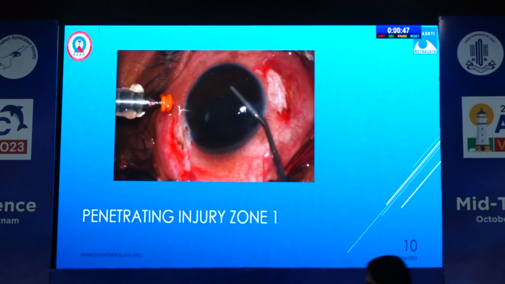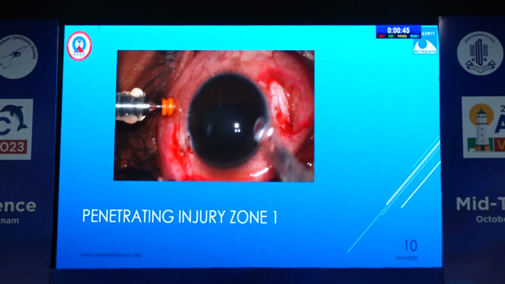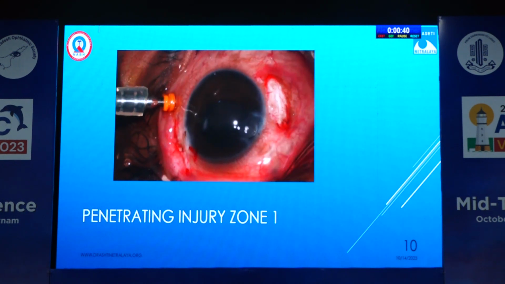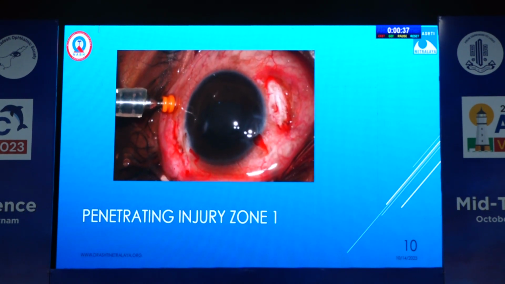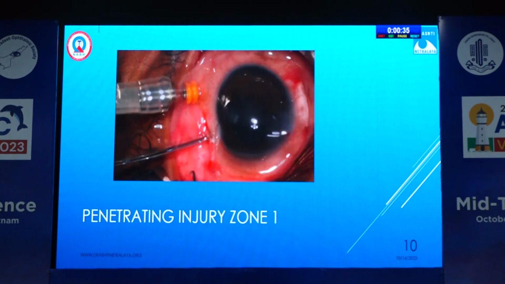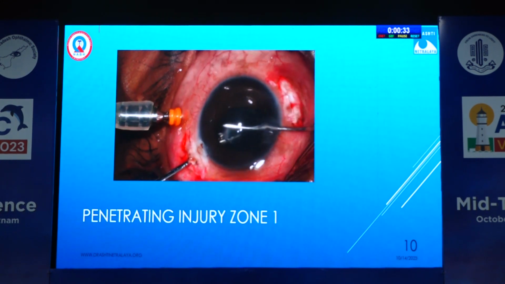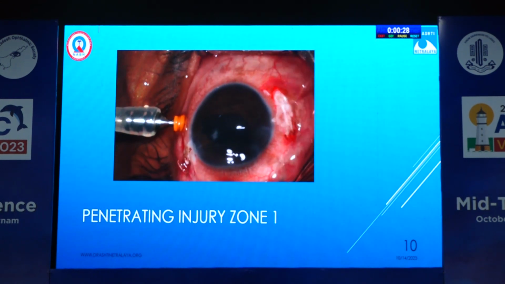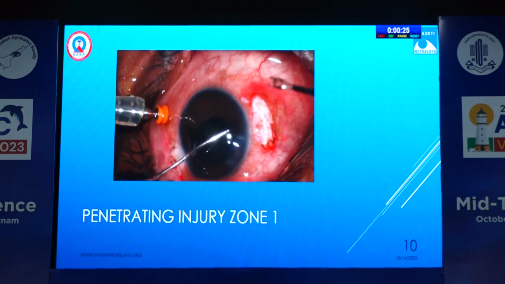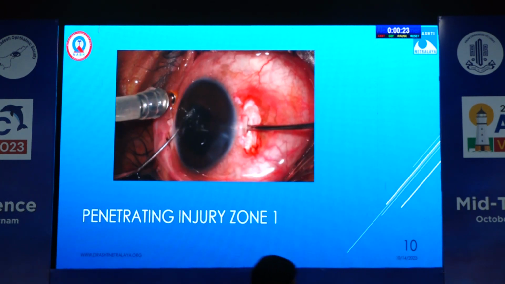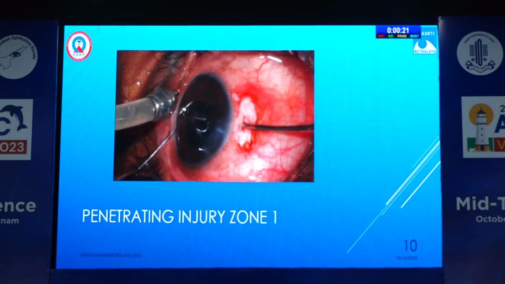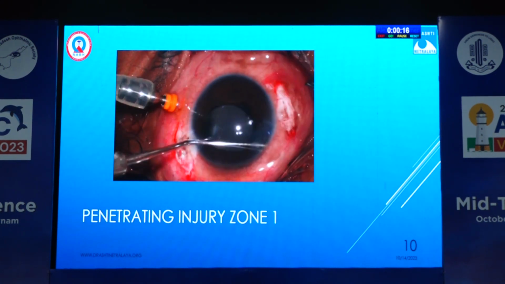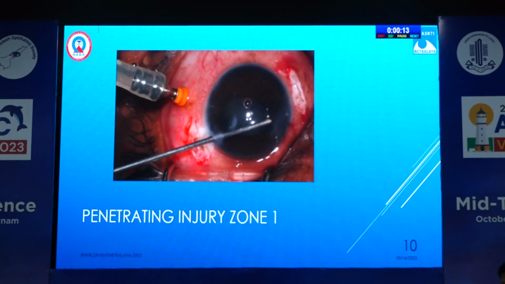Our specially designed lens was used. It was a scleral tuck lens, used without glue or suture, and it is a self-sustaining lens. It sustained on the sclera, and this patient regained 6/12 vision at the end of 1 month.